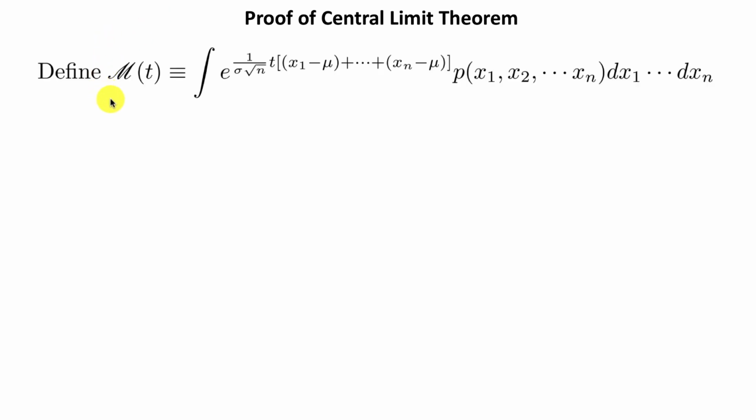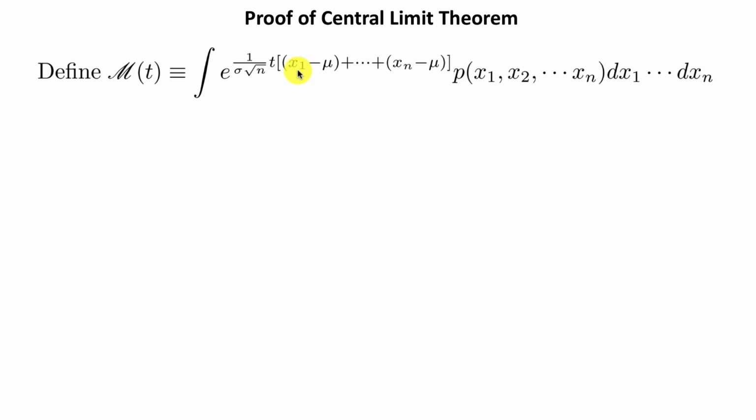We are now very close to proving the central limit theorem, and our goal will be to show that the function for generating moments is exactly that for the Gaussian distribution. So let's begin by defining this moment distribution, m of t, and it's just what you had before, e to the power tx, except that now, of course, we have n variables, and we're going to use just the right coordinates.